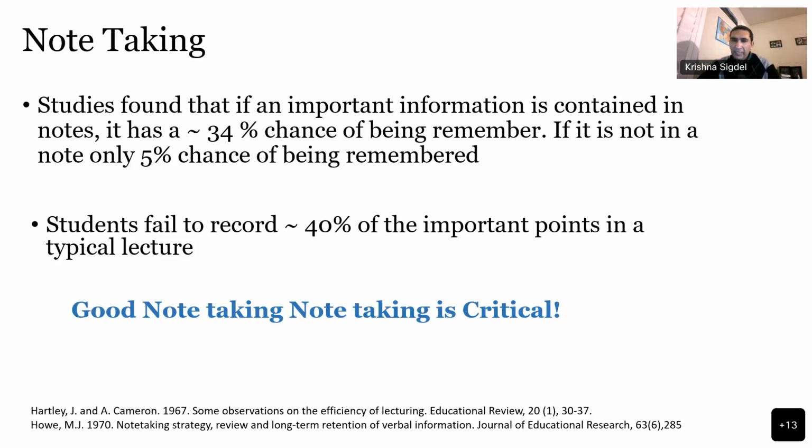So the meaning here is the good note taking skill is critical. There is a typo here, there is two note taking there. So good note taking is important, but good note taking is critical. So you need to have a good note so that you can go back and take a look.